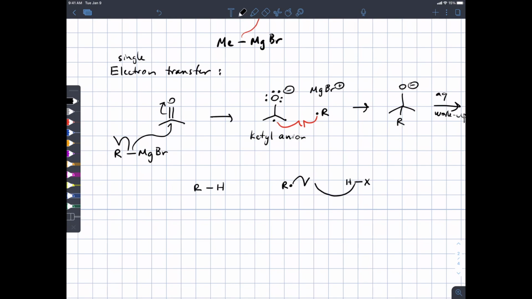Presumably you could have gotten that by sort of radical abstraction. The other thing you will sometimes see is the result of radical coupling.